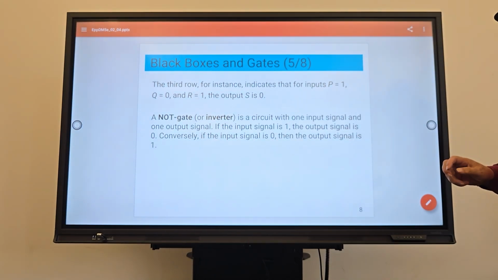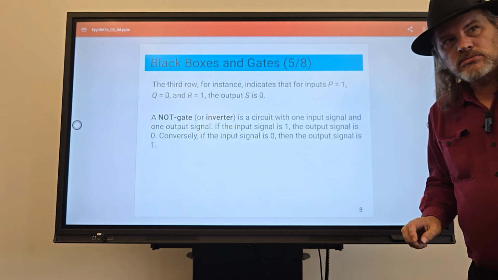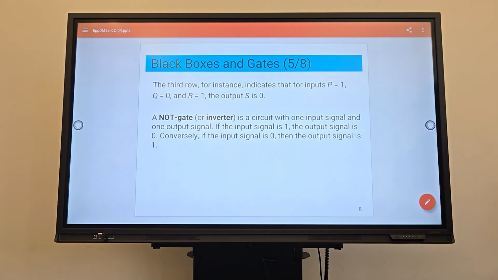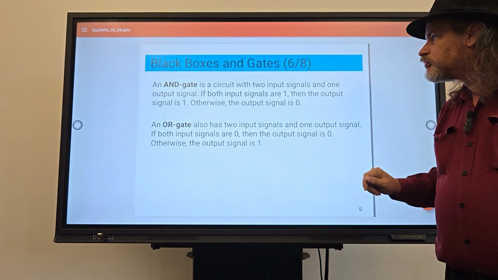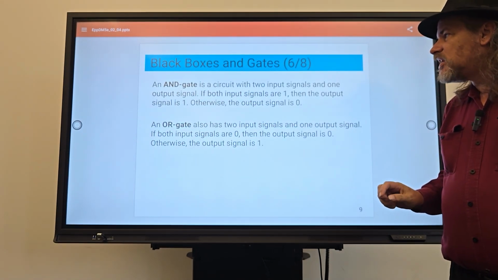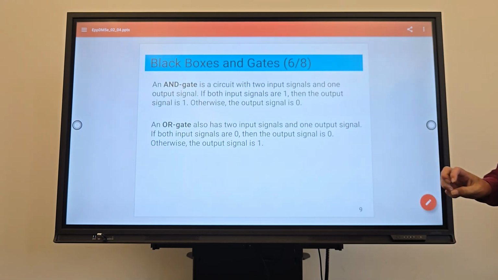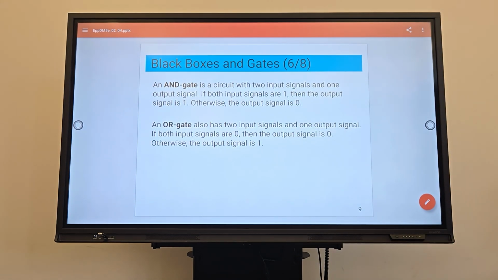Let's see here. The basic gates are the NOT gate or inverter: 1 input, 1 output, it inverts. So if the input is a 1, the output's a 0; if the input's a 0, the output's a 1. Pretty simple. An AND gate is a circuit with 2 inputs and 1 output.